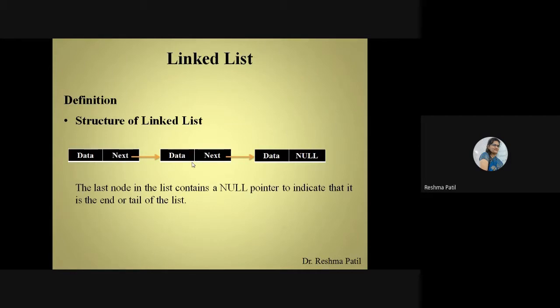Successively means immediately. What is the address of this node? That you can store here. Same, what is the address of this node? That you can store here. So using this address, we can find our next element, where it is stored. And if the next part contains null, means this is the end of linked list.